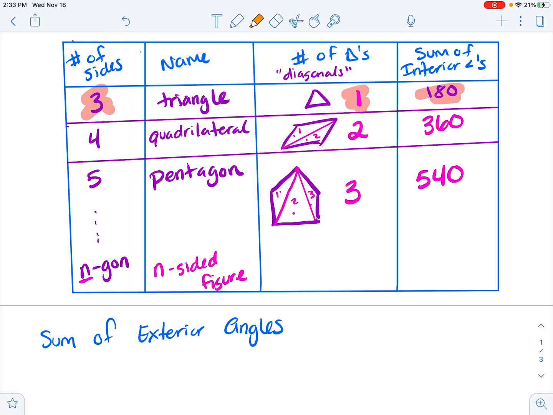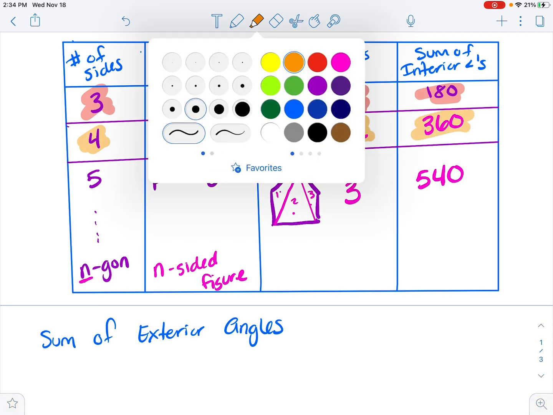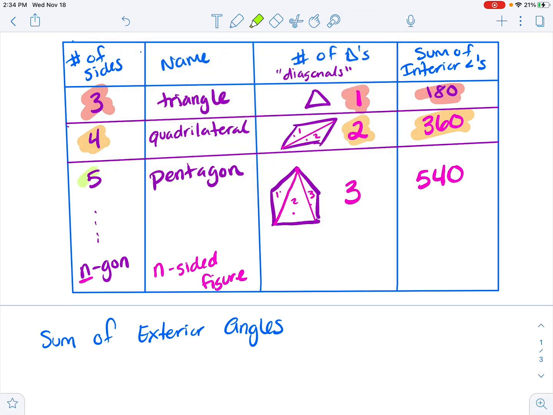I notice a quadrilateral has 4 sides, number of triangles is 2, and the sum of the interior angles is 360. Then I notice a 5-sided figure has 3 triangles and the sum of the interior is 540.